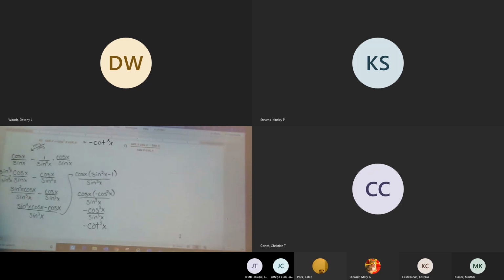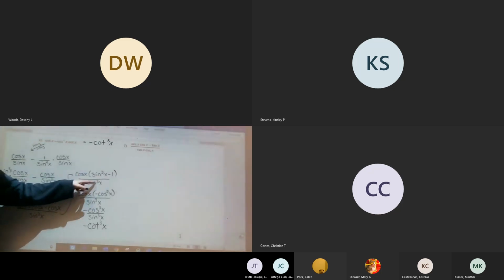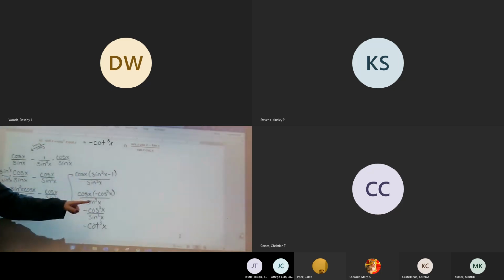But if you reverse the terms, kind of an old way of doing things that they probably mentioned back in Algebra 1, if you multiply by -1, it reverses their order and their sign. So when the reverse order is there, I make that negative cosine squared x, which makes that negative cosine cubed x, and cosine over sine is cotangent. And in this case, negative. What kind of questions do you have about this long path?